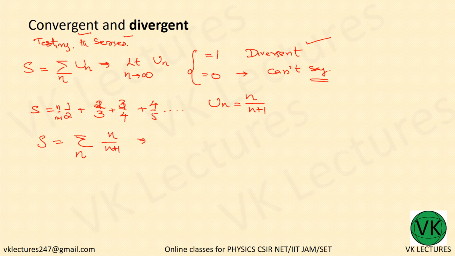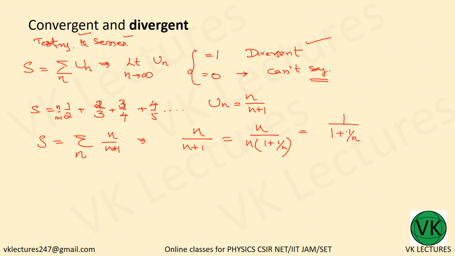Now how will you write this? N divided by n plus 1 can be written as n divided by n into 1 plus 1 by n. So n and n get cancelled, so it is 1 divided by 1 plus 1 by n.